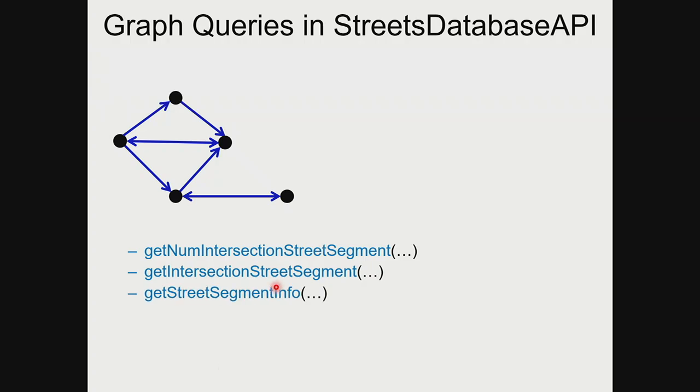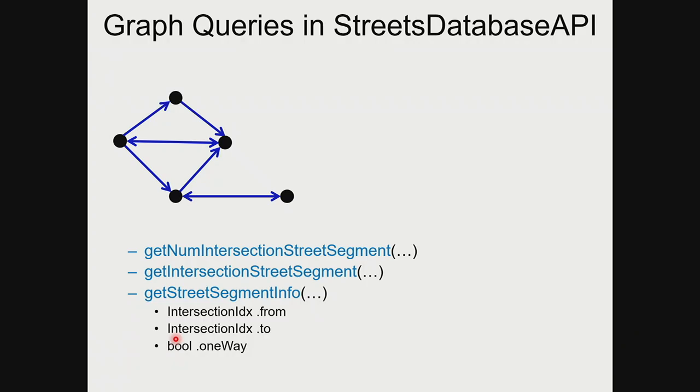So if you know the number of street segments, now you want to look at the data associated with them. This data is stored in what we call StreetSegmentInfo, which is a struct or a class that we represent in the Street Database API. It has 3 members: the from index, the to index, which is the intersection index that represents the end point of the street segment, and a Boolean that tells you whether it is a one-way or not.